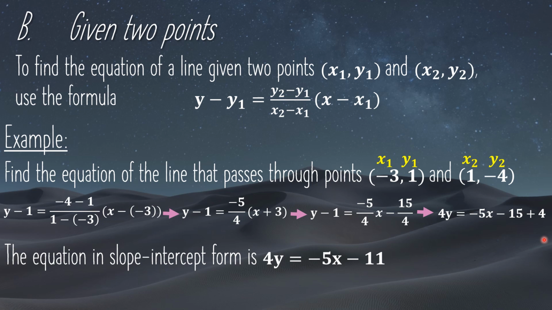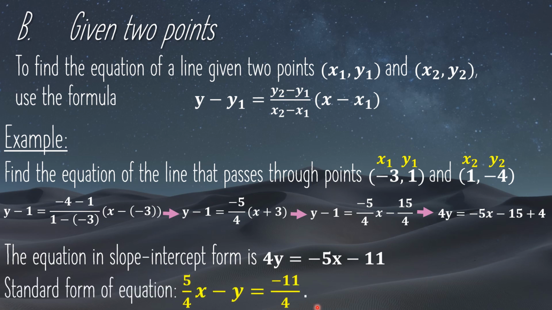So the equation in slope-intercept form is 4y equals negative 5x minus 11. Because negative 15 plus 4 is negative 11. And the standard form of equation will now become 5 over 4x minus y equals negative 11 over 4. Paano naging ganito yung standard form? Ito ay dahil may numerical coefficient ang y.